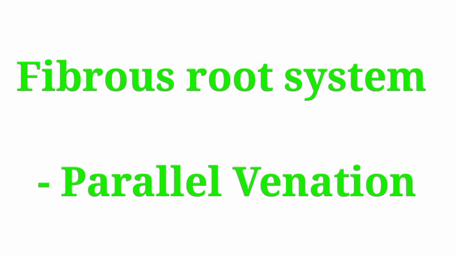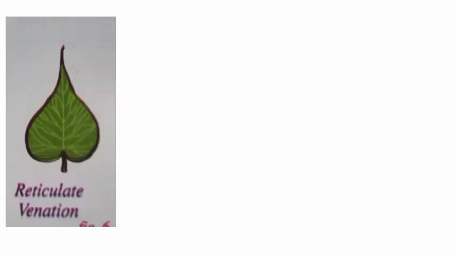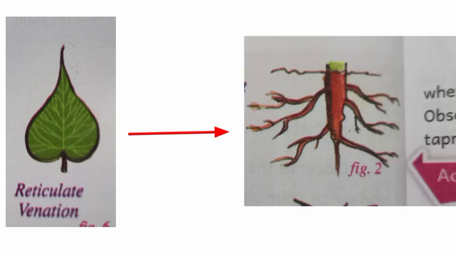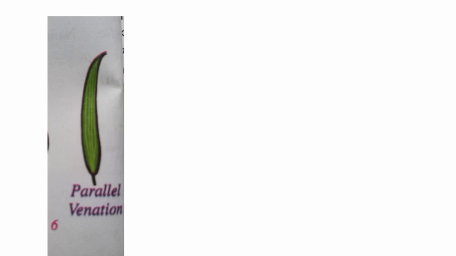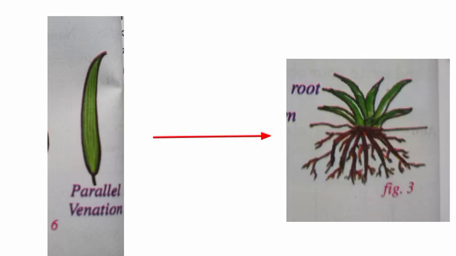So you can now easily understand that if the leaves have reticulate venation, we can say that its root system is taproot system. If the leaves have parallel venation, the root system is fibrous root system. By observing the plant leaves itself, we can say about its root system, whether it is a taproot system or fibrous root system.